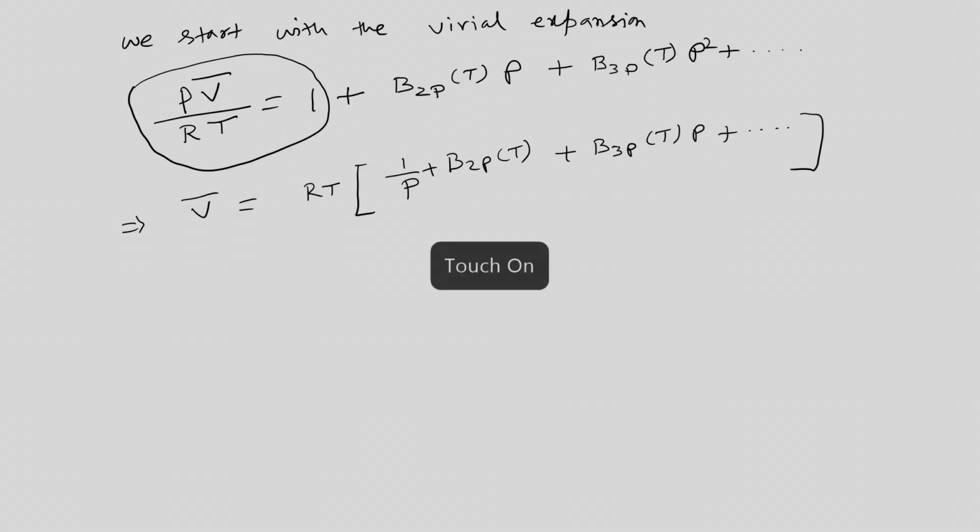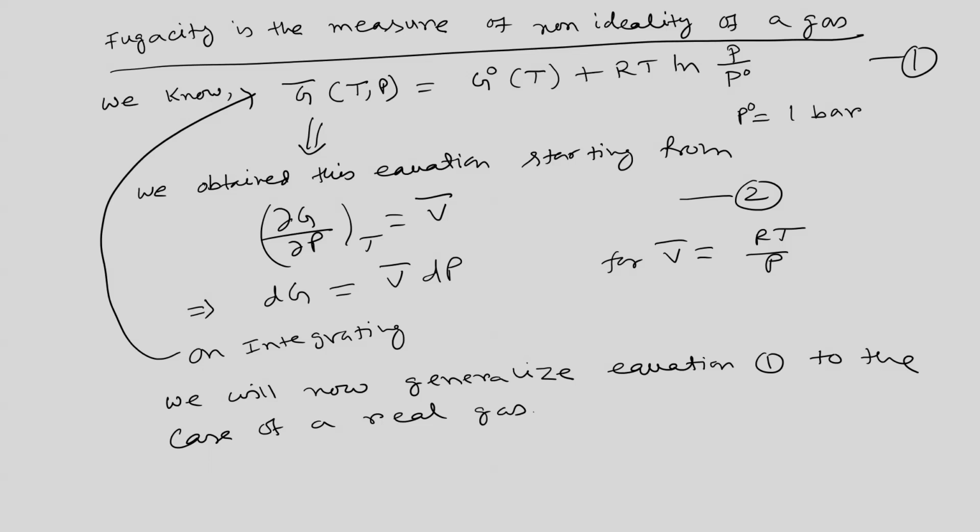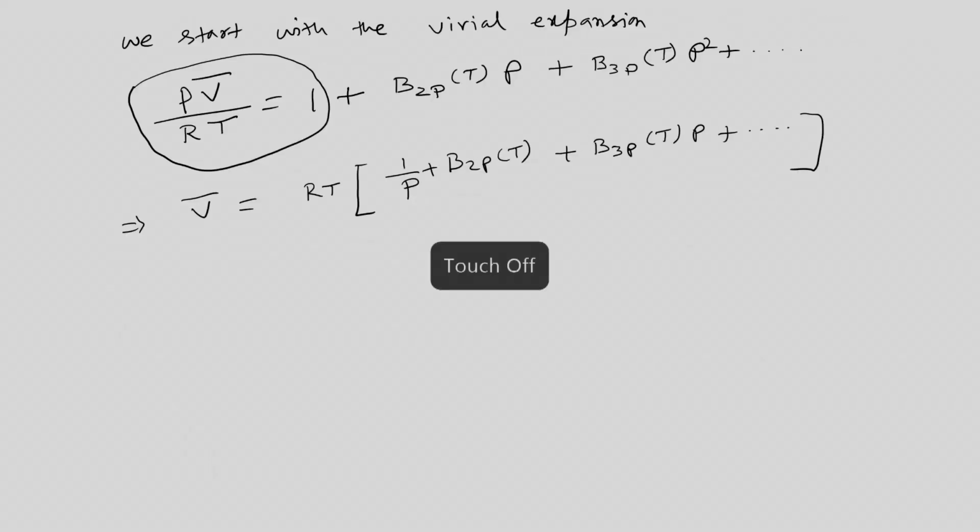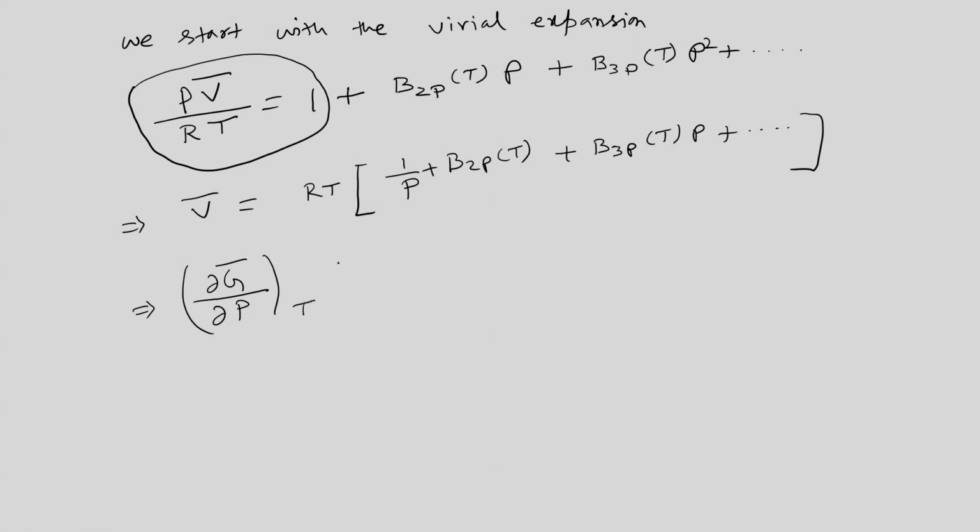Now we already know V bar is nothing but del G bar by del P at constant temperature. Okay. So this is nothing but RT times 1 by P plus, like this.